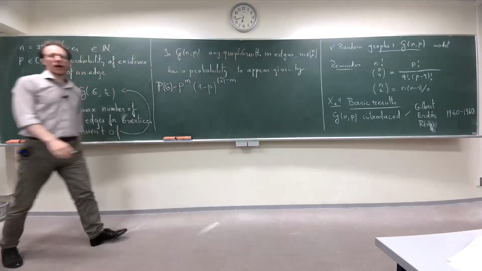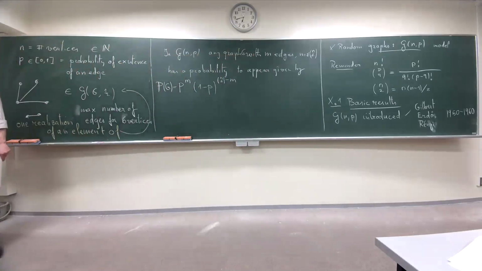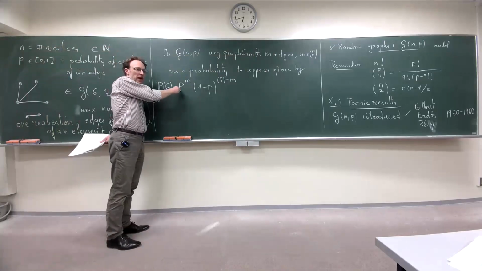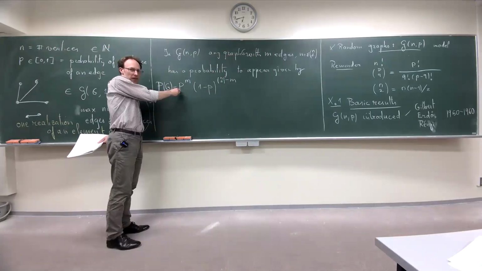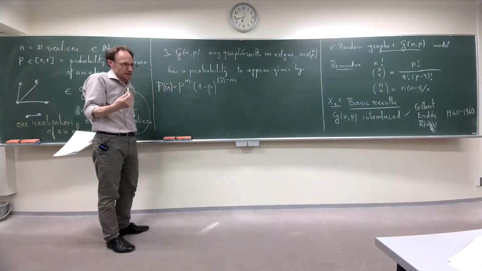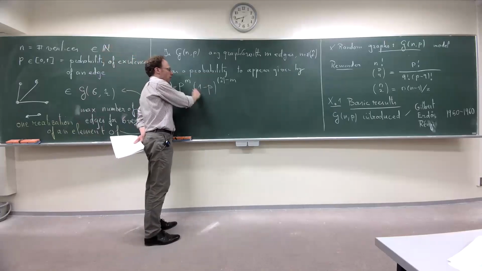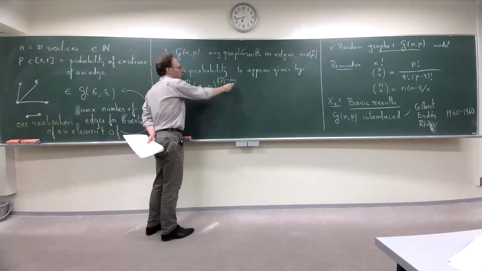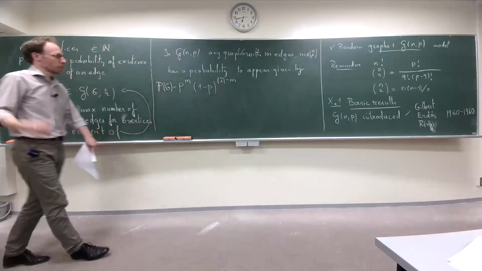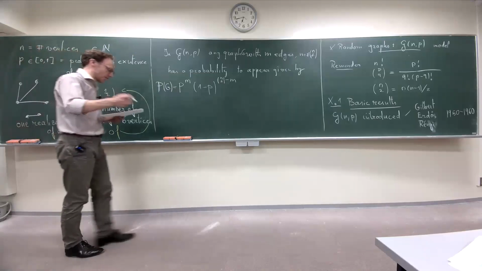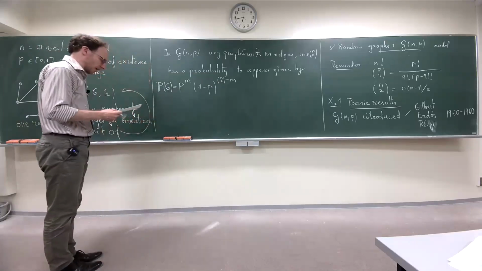Can you see why we have this probability? Because we have the existence of m edges, and each of them appears with a probability p. On the other hand, we have the non-existence of all the other ones, and the non-existence is given by 1 minus p, and this is all the other ones, the total maximal number minus m. So this is the probability of a graph with m edges.